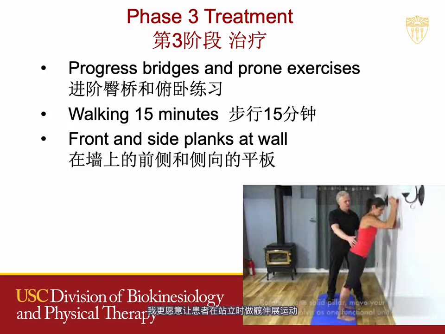I would much rather do those hip extension activities in standing. If you remember, in the first phase we were doing standing hip extension. That's fine, but the bridge is a lot more compression on the vertebrae, so we're waiting to do that until phase 3. You could also do things like planks against the wall, and then we're increasing walking. So lots and lots and lots of walking.